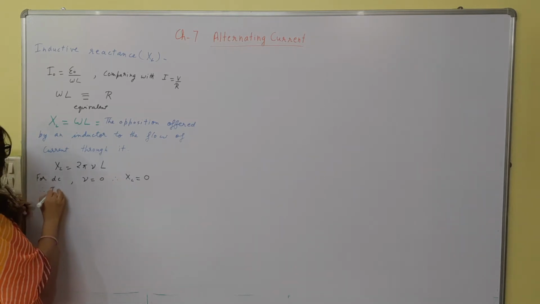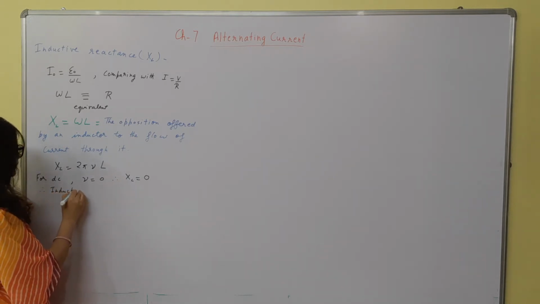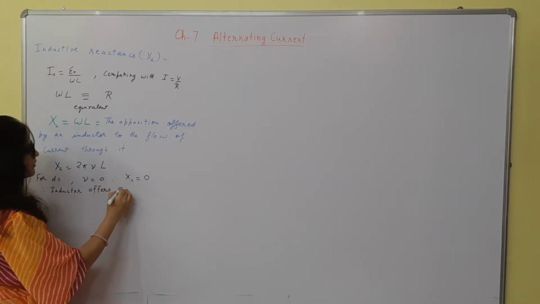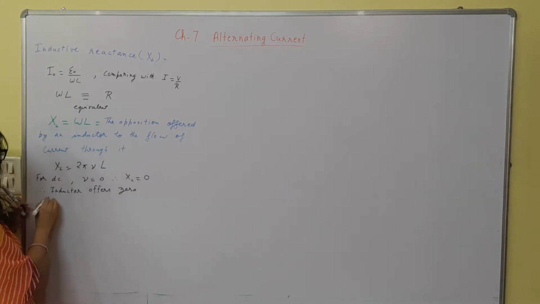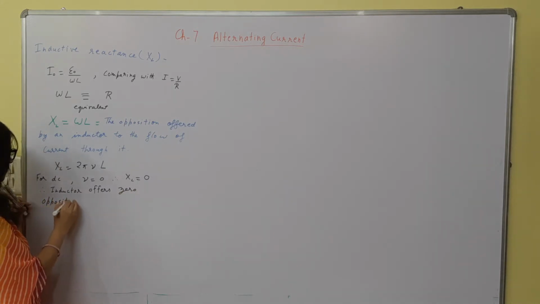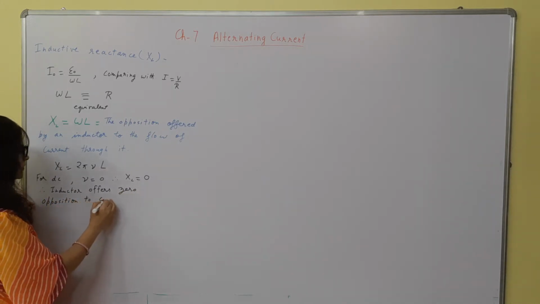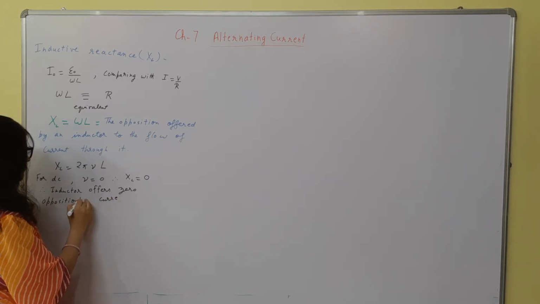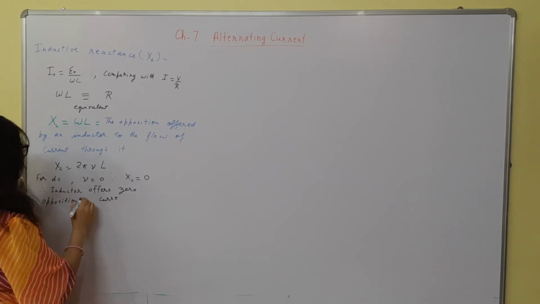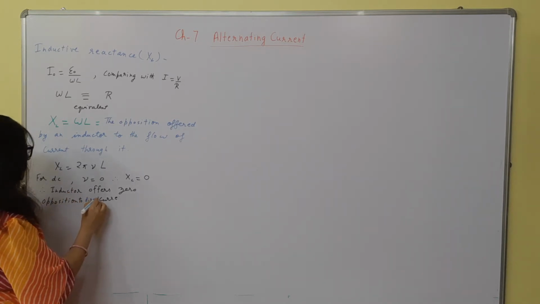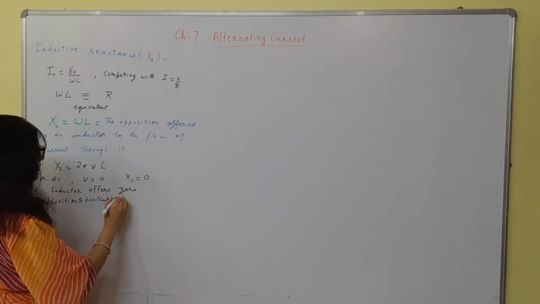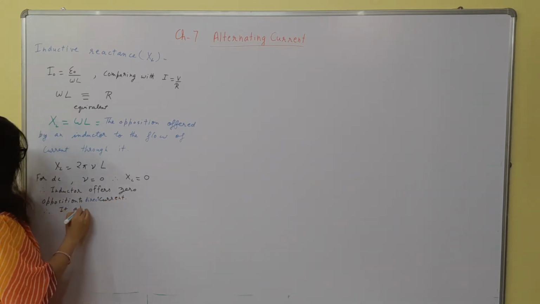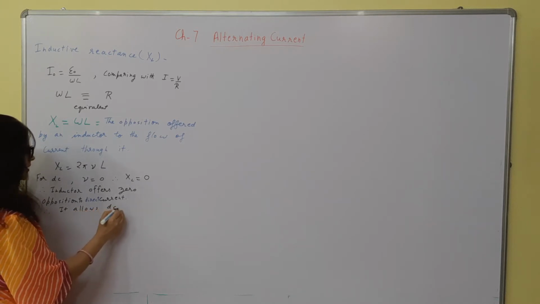So therefore an inductor offers 0 opposition to direct current. So therefore it allows DC.